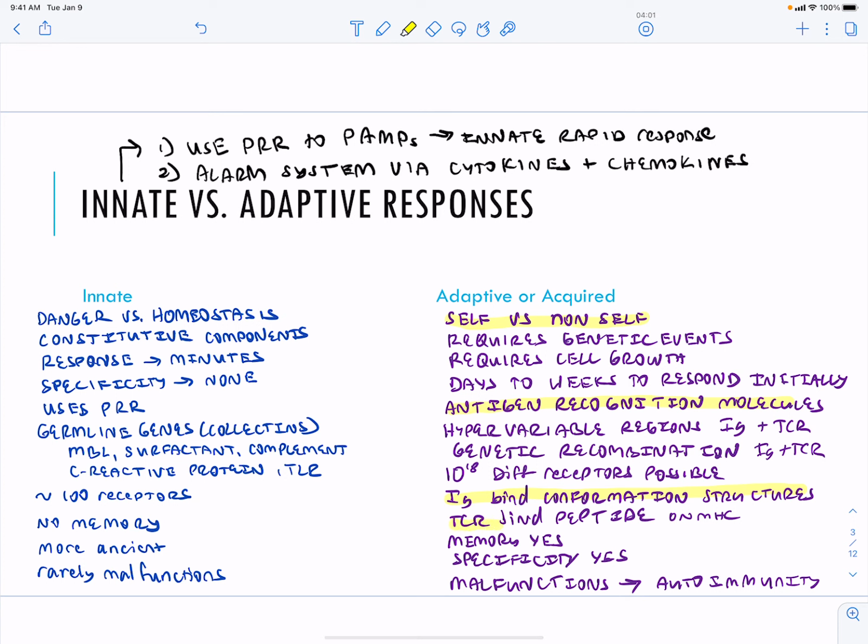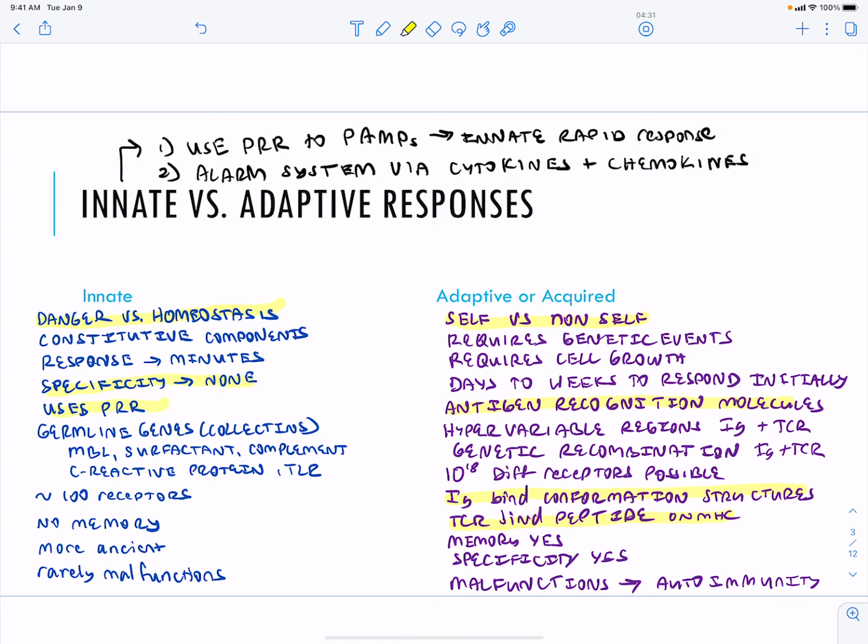They're going to have a T cell receptor that has to bind to a peptide, so only protein antigens on an MHC. Whereas on the other side, your innate is more focused on, is this really dangerous, or am I just clearing out dead or dying cells? So am I looking at a danger signal, or am I looking at something that I just need to clean up to maintain homeostasis?